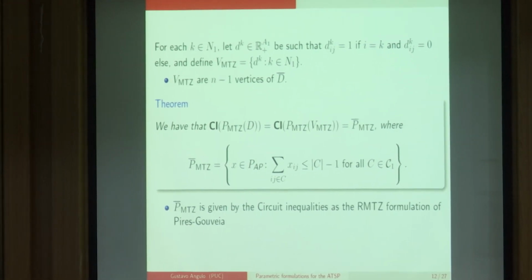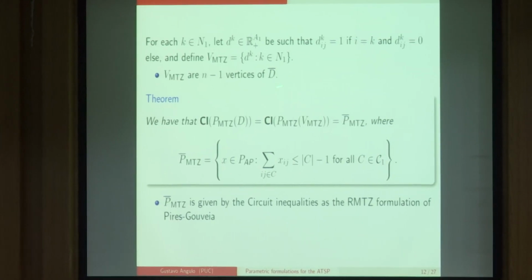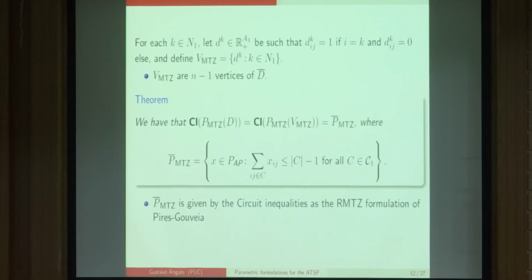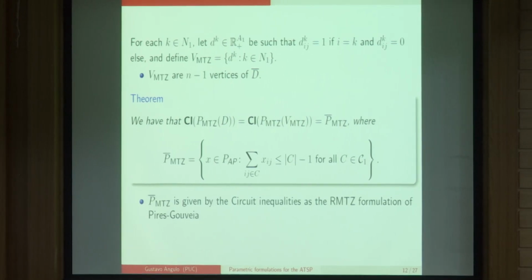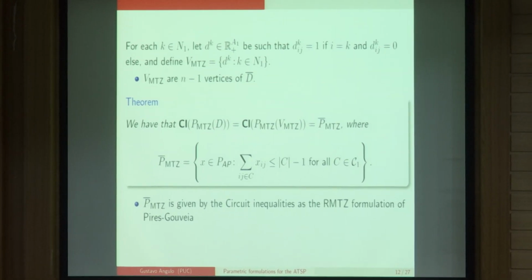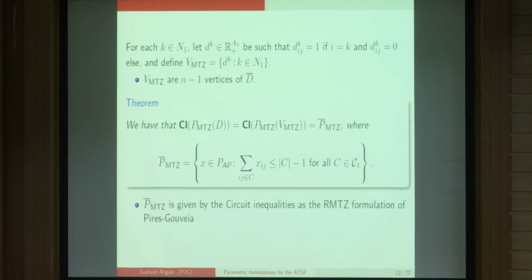But we can show the following. CL denotes the closure, which means intersecting all the formulations. So here we have the following result. Suppose that we intersect all the formulations given by all possible choices of d in capital D, or consider the intersection of all formulations given by these particular choices of d.